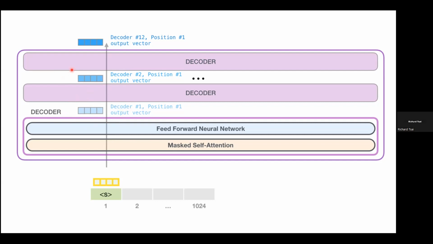This process repeats iteratively until the 12th layer decoder generates the final output embedding. In essence, each decoder layer contributes to building the output embedding through a sequential process. So generating the output token involves the first layer through the 12th layer.